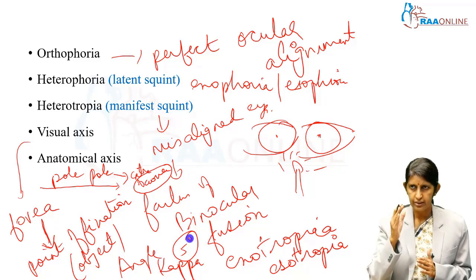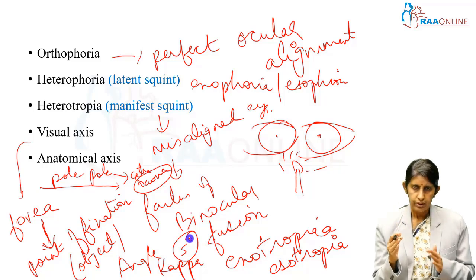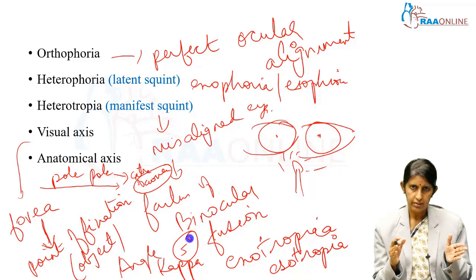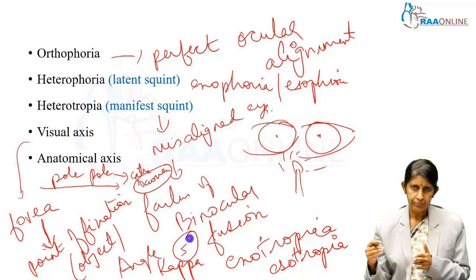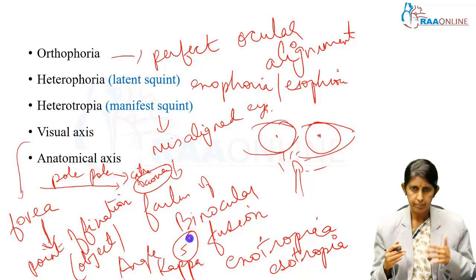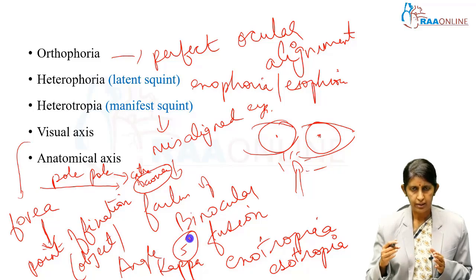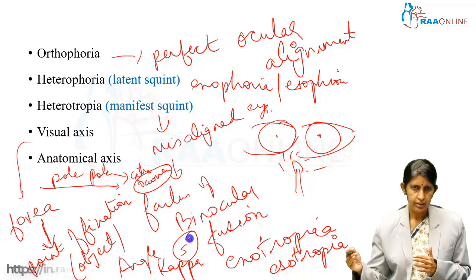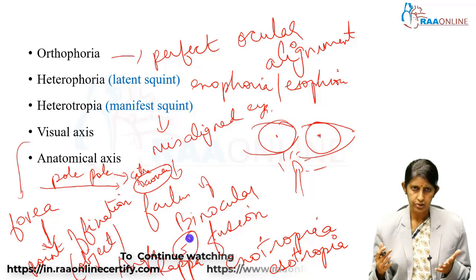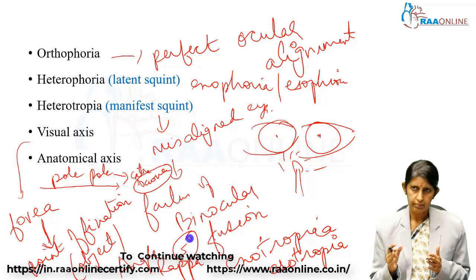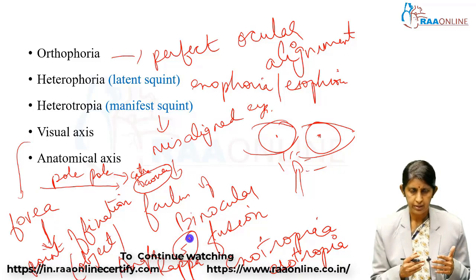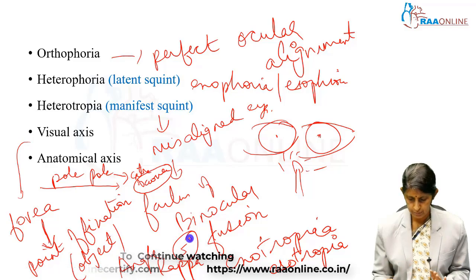It is not exactly in the center of the eye, so our axis is slightly deviated, and you have this angle being formed. When the macula is more deviated temporally, the angle kappa will become larger. And when the macula is moved slightly nasally, the angle kappa becomes a negative angle kappa or a positive angle kappa.